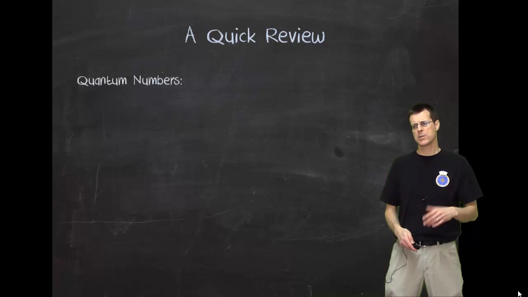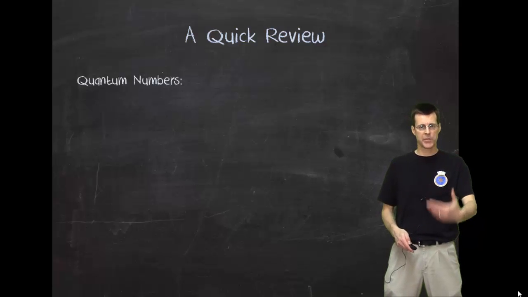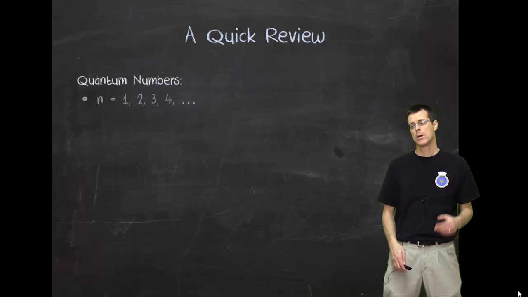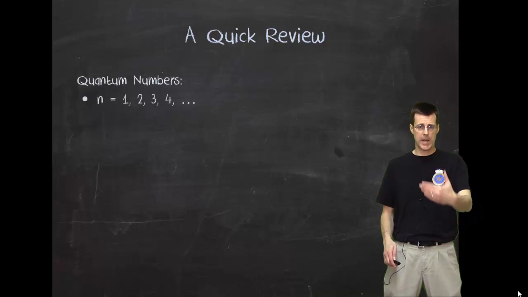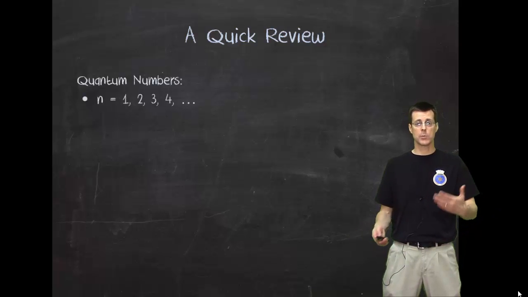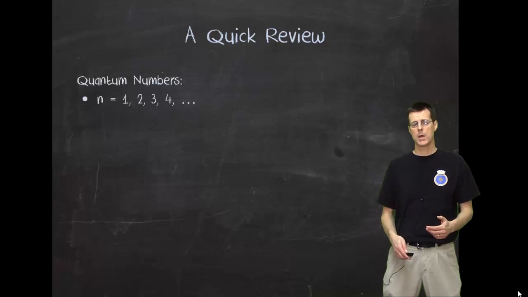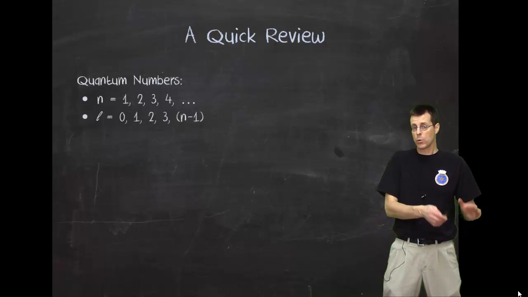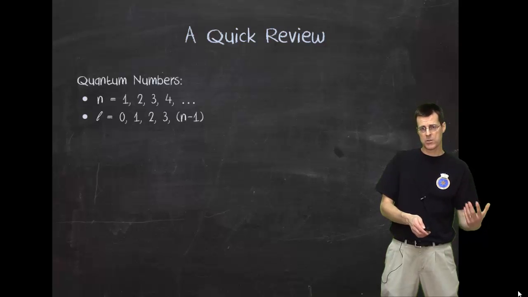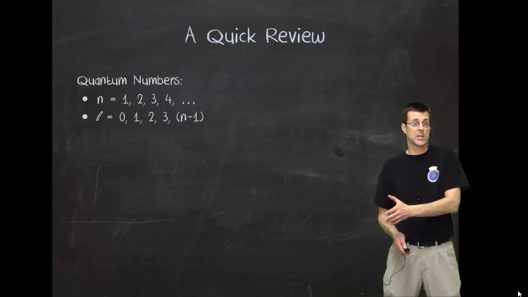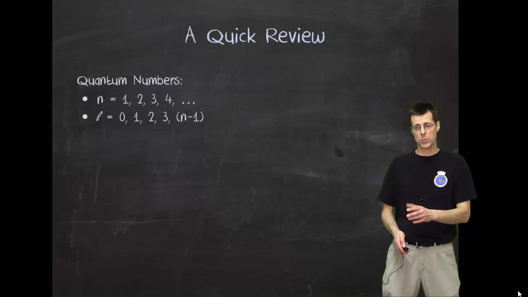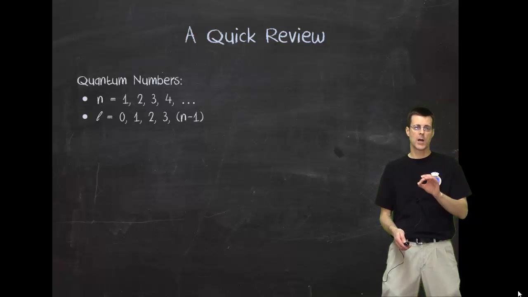So let's quickly remind ourselves of the quantum numbers and what they mean and how we're going to use them. So we have our number n, and n can be any natural number, 1, 2, 3, counting numbers. L is our orbital number, and that starts at 0 and works its way up to as high as n minus 1, keeping in mind that that's a possibility.